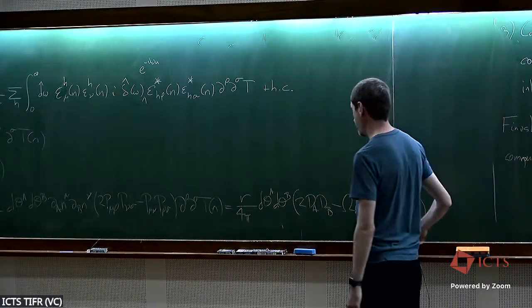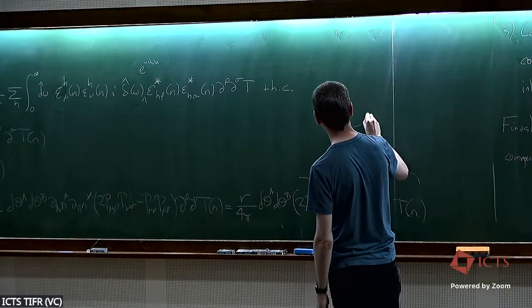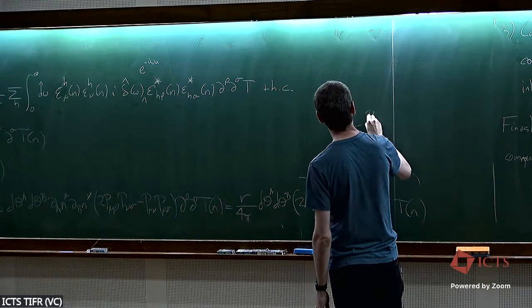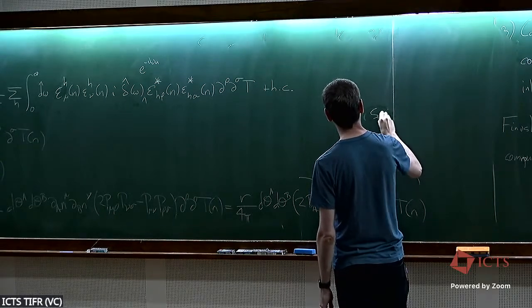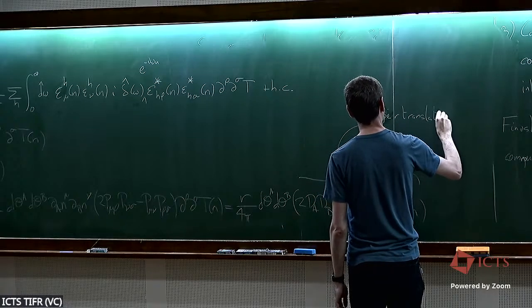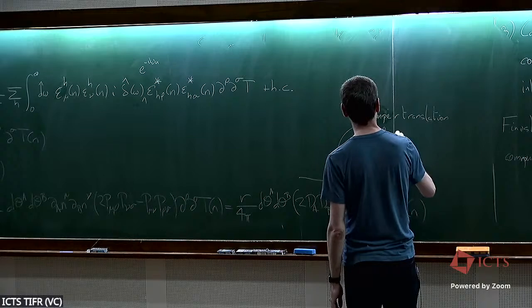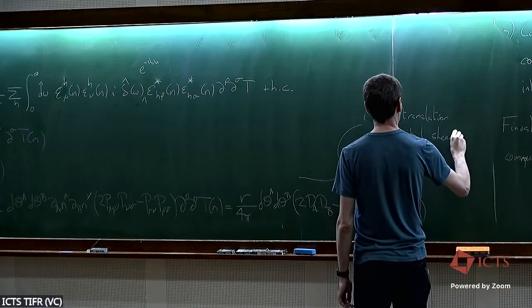And this combination here, up to the 4 pi, is the BMS super translation, in the case where the initial shear is 0.